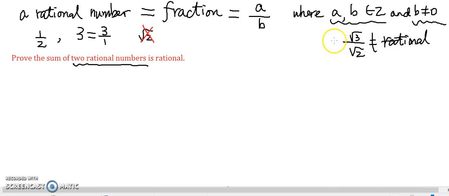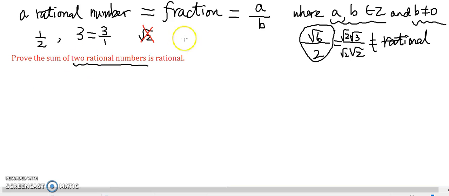Even after we use algebra to simplify this, we get square root of 6/2. If you remember from algebra class, as you can see, square root of 6/2 is irrational. So that's why we have to make sure the top and the bottom, numerator and denominator, are both integers. Okay, so we know how to describe any rational number now.